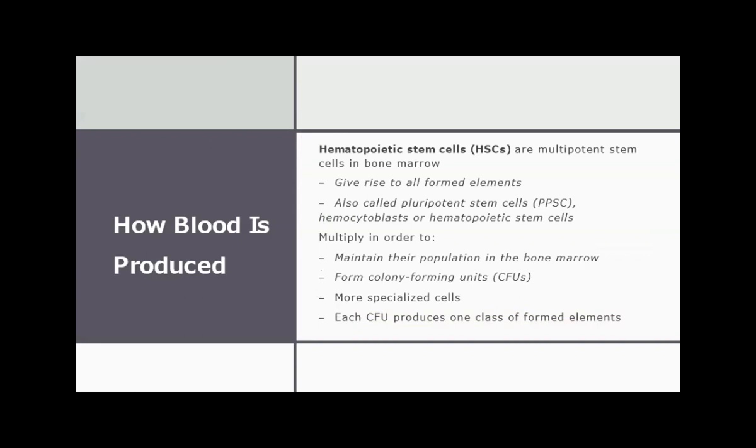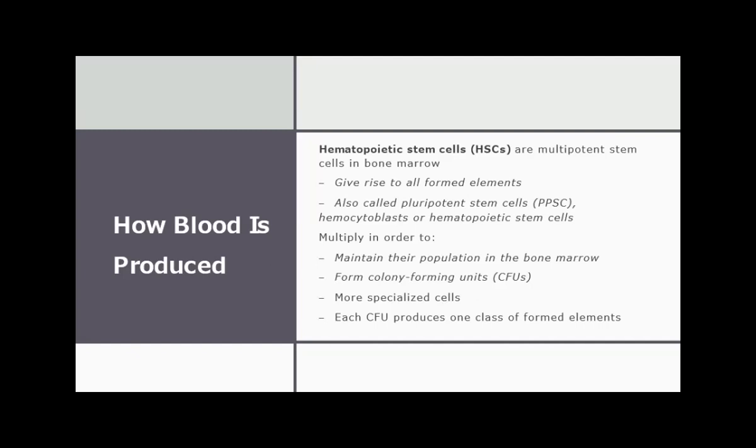They're also known as pluripotent stem cells. These stem cells multiply in order to maintain the population. They multiply to create these colony forming units, as well as differentiate into specialized cells.